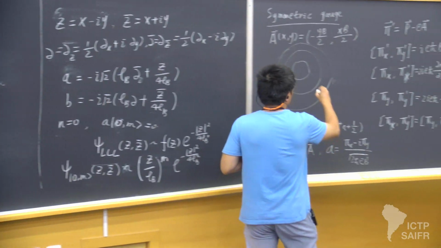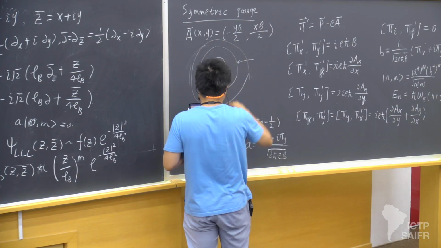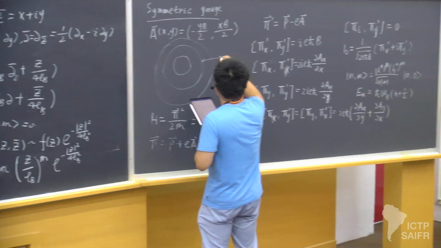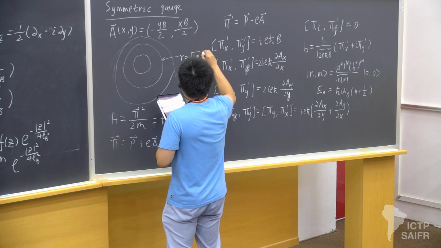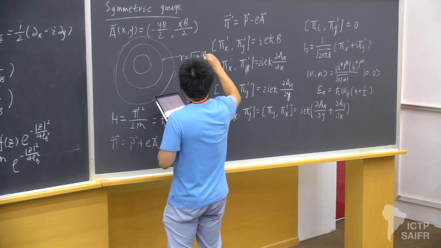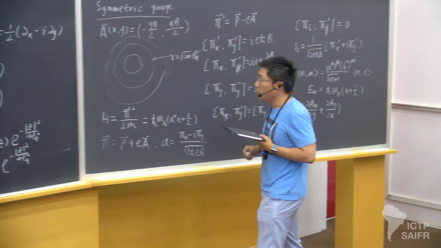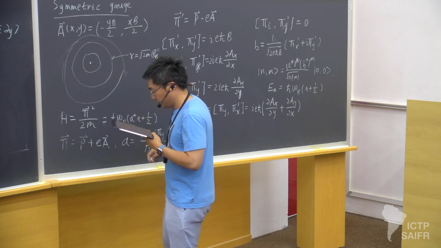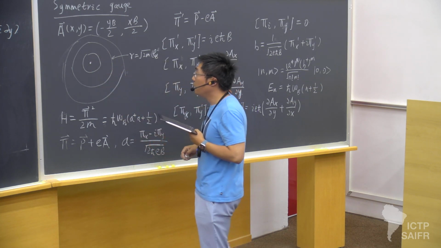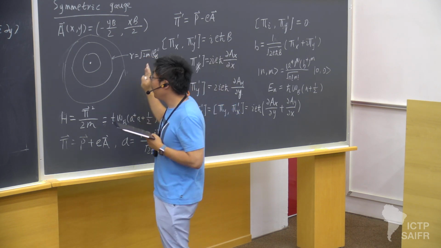We'll find that the wave function will be localized at some circle with a radius r equals square root of 2m times LB. For m equal to 0, that's really just right here. There may be some extra number like 2m plus 1 maybe. I'm not entirely sure about this.